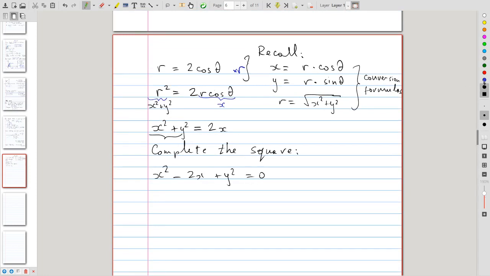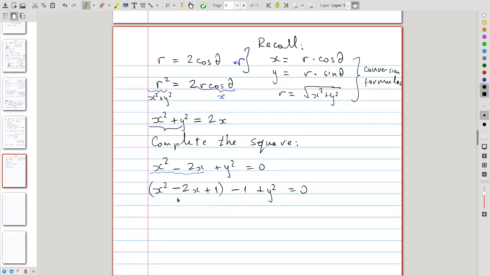And so to complete the square for the first two terms, we have to add and subtract 1, so that we have x squared minus 2x plus 1, and then minus 1 because we want to keep the equality. And so the first three terms together are a complete square. And then we have plus y squared equals 0. So the first three terms amount to x minus 1 squared.